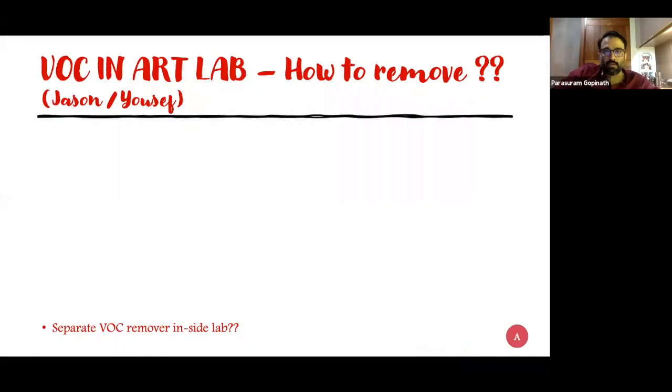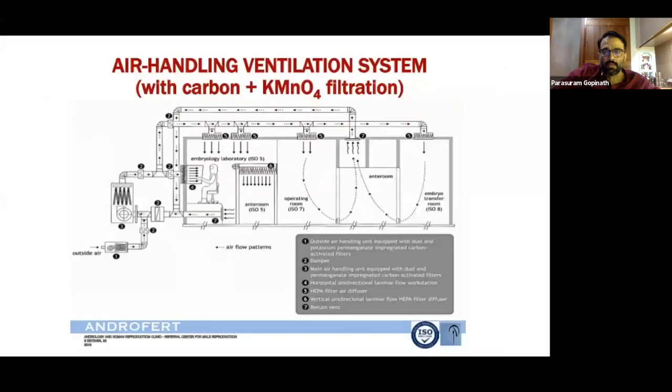Thank you. Can I have a comment on this? In my labs, I made two air handling units for the embryology lab, one working and one standby, a third one for the OT, a fourth for andrology, and a fifth for the cryo room. So five different air handling units, all controlled by the building management system, BMS.